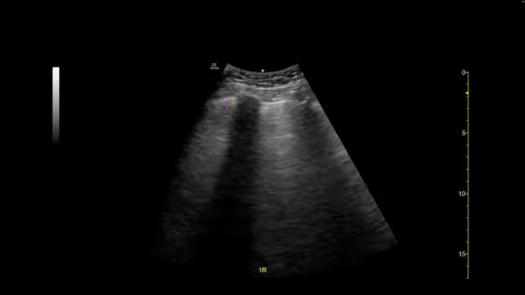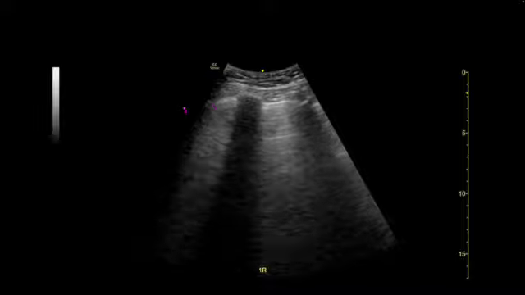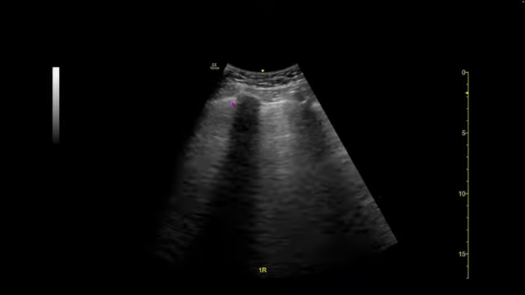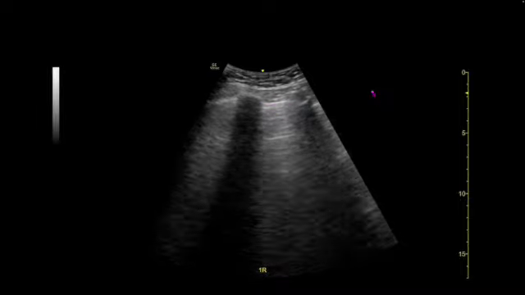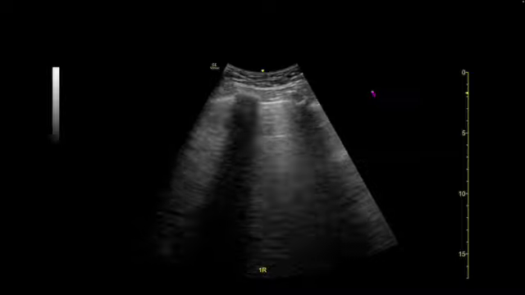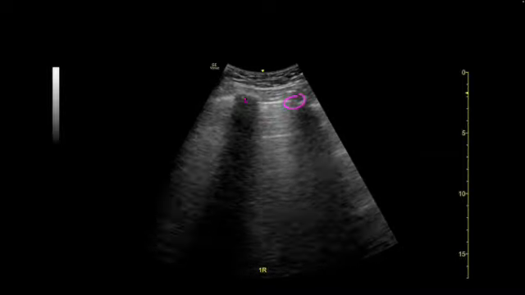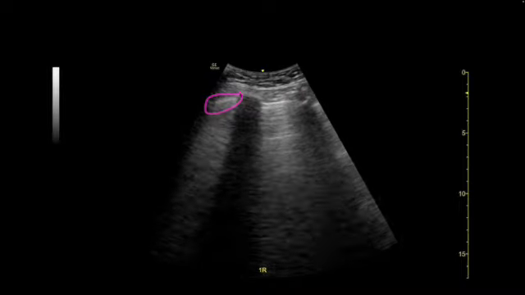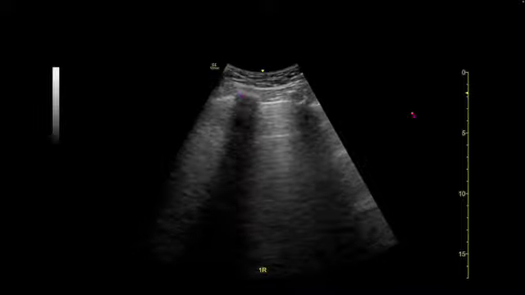Do you see lung sliding? That's what I always ask myself to start. Is there shimmering of this pleural line, indicative of the visceral and parietal pleura sliding across each other with inspiration? I definitely see lung sliding. I definitely see twinkling or ants marching, whatever you want to call it. There is lung sliding here.